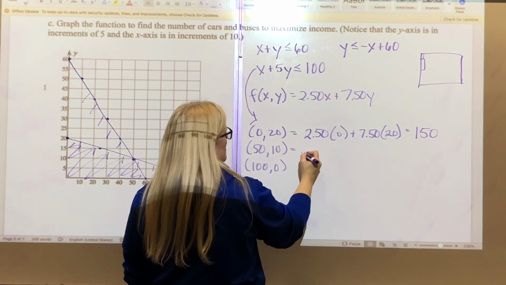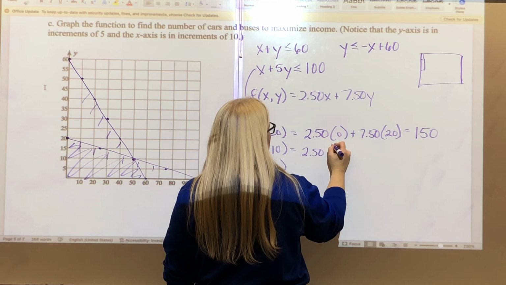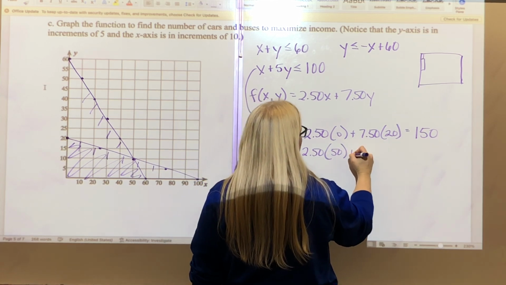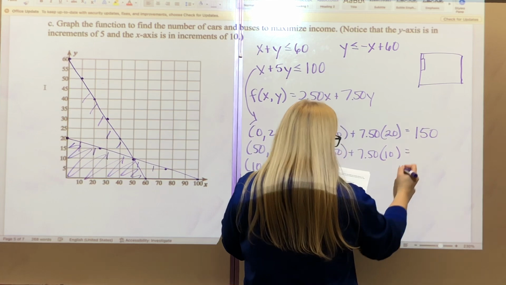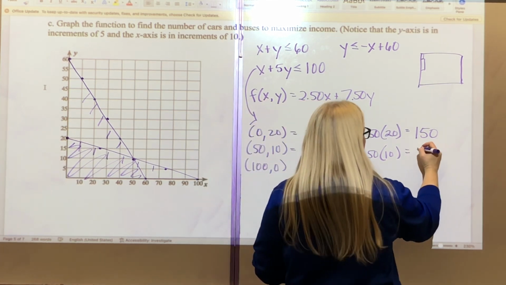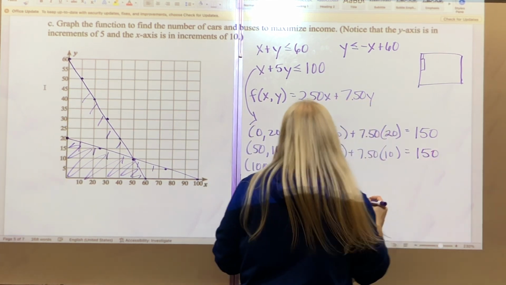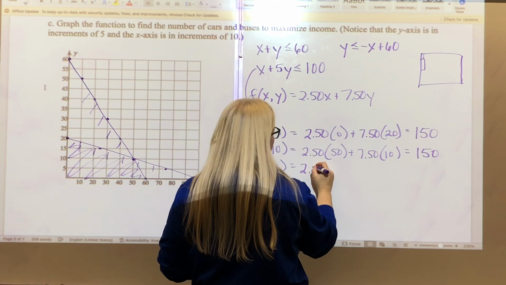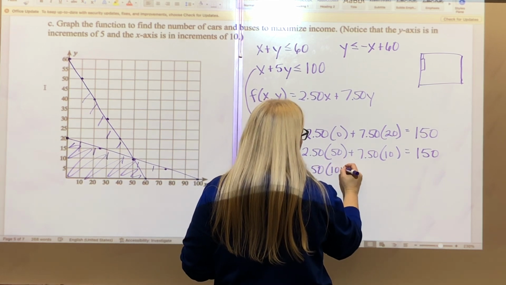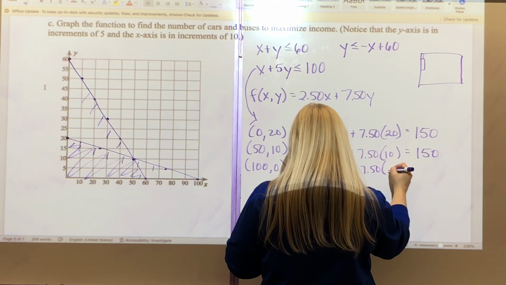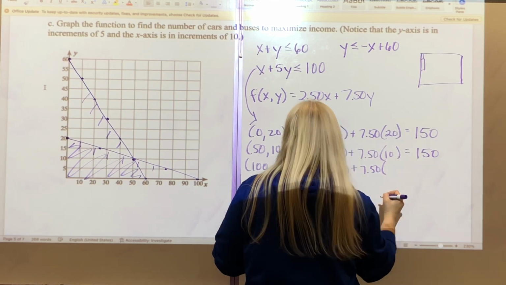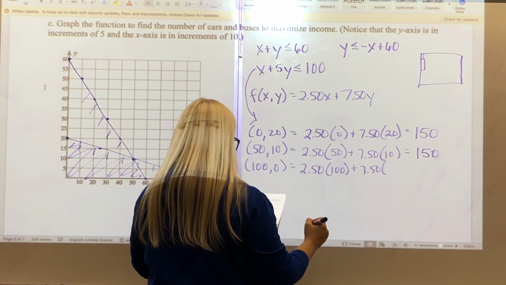This one, 50, 10, is 250 times 50 plus 750 times 10. This also gives us 150. And then we have 250 times 100 plus 750 times 0.